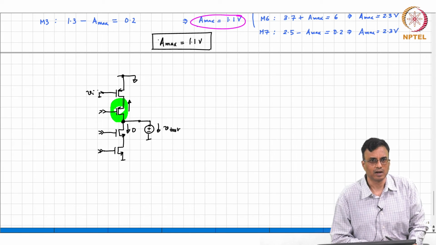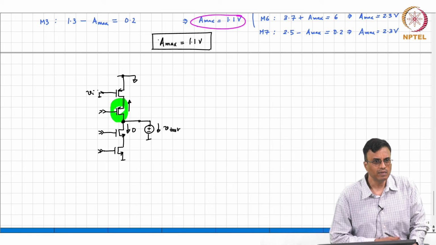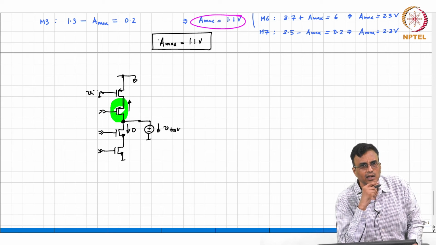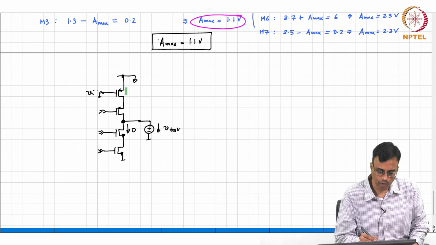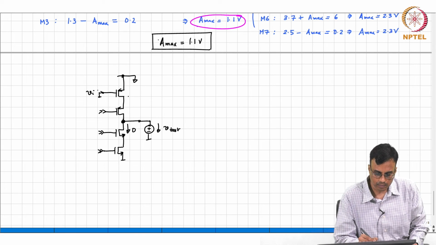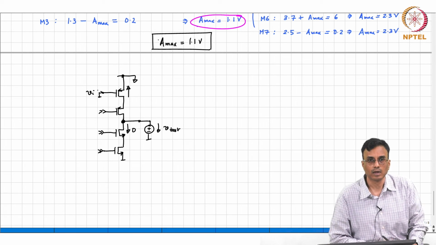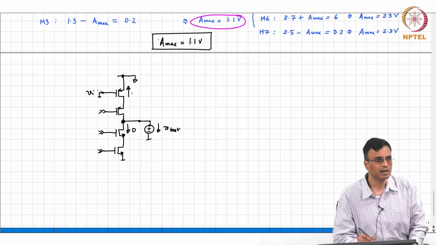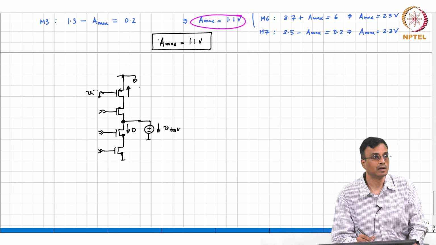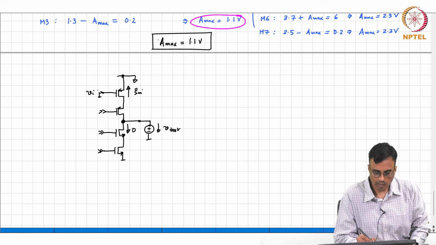What is that amplifier? Did we discuss the cascode clearly? Yes, it is a common gate amplifier. So what comment can you make about the incremental current here? That incremental current is Gm Vi.